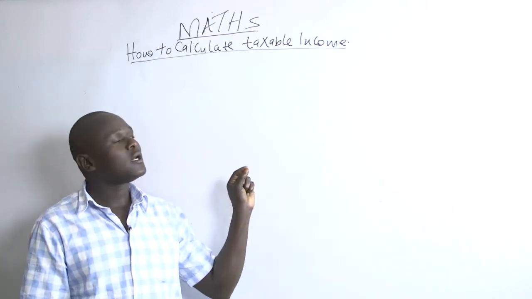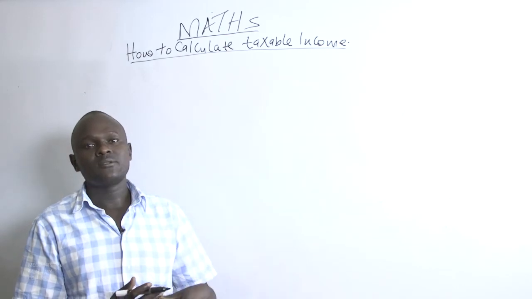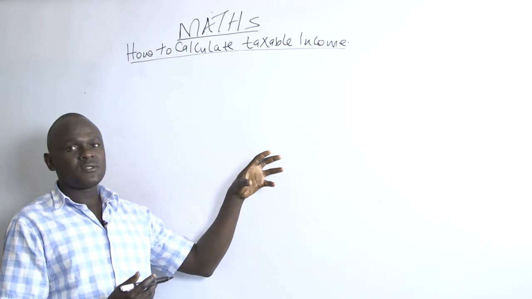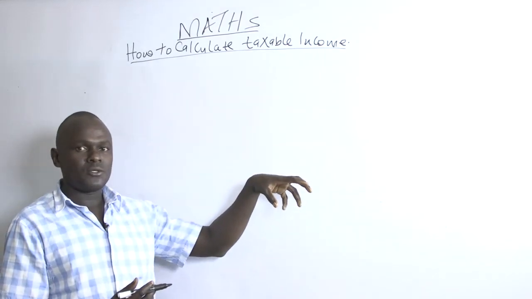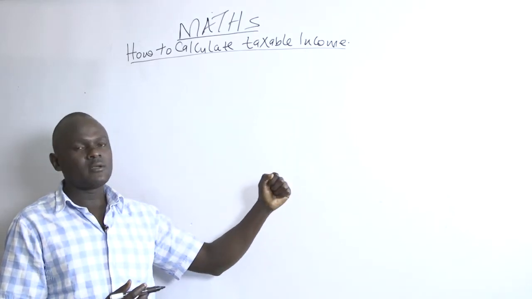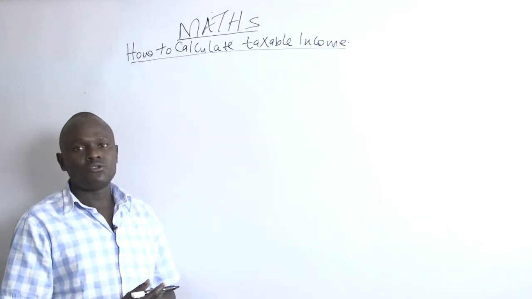But here we want to calculate taxable income. This is a unique case whereby we are given variables in our guiding principle that we have already learned. We are given other variables, but we are not given the taxable income.